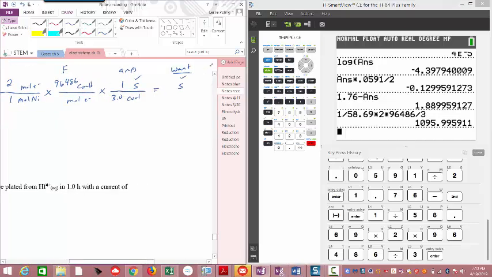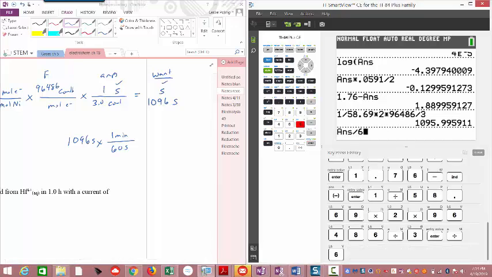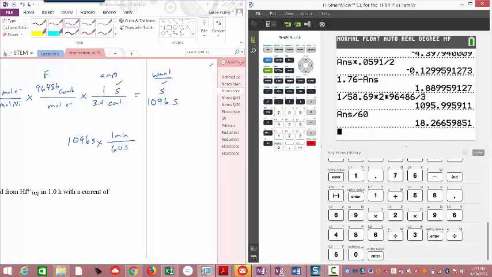Okay, so that is going to take 1,096 seconds. Well, if we want that in a different time unit, well, we could convert that to minutes. And it would take 18 minutes.